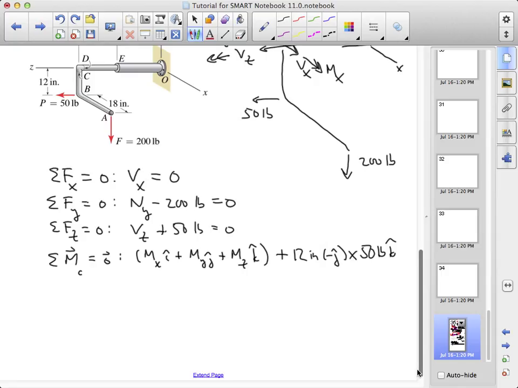And then we have our position vector from D to A is 18I minus 12J inches crossed into 200 pounds in the minus J direction.